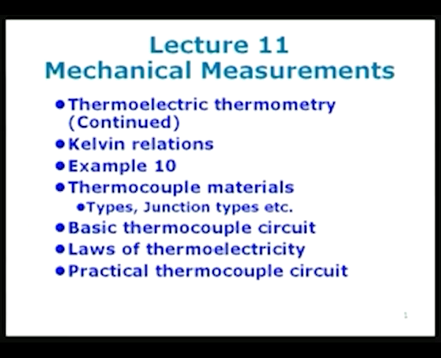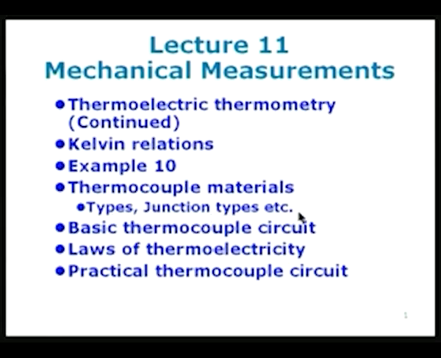So, in this present lecture what I am going to do is to continue from there, and I will go back to the Kelvin relations and discuss them more fully, and then I will take an example where I am going to show how the Kelvin relations are useful in describing the characteristic of a specific thermocouple. Then we will discuss something about thermocouple materials, the types of materials we use, the method of making junctions and so on.